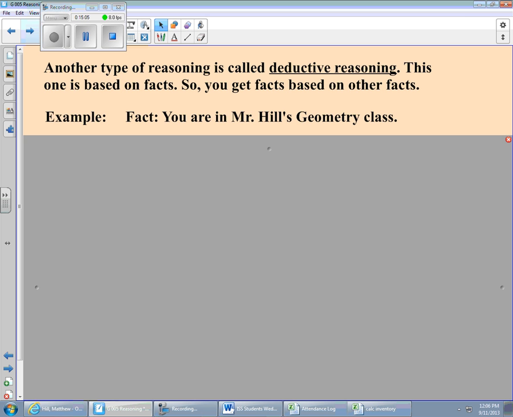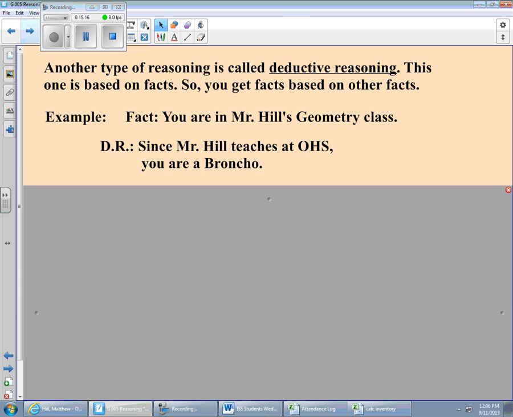Now, there's about 1,000 different ways you could go from this, a lot of different information you could possibly pull in. I'll just give you a couple so you can get the idea. Using deductive reasoning, you would be able to say something like, if you are in Mr. Hill's geometry class, well, your brain would go, all right, Mr. Hill is a teacher at Odessa High School, so that means you are also at Odessa High School.